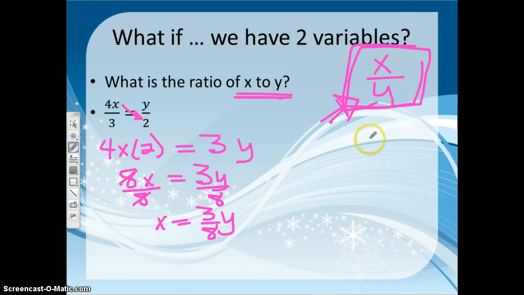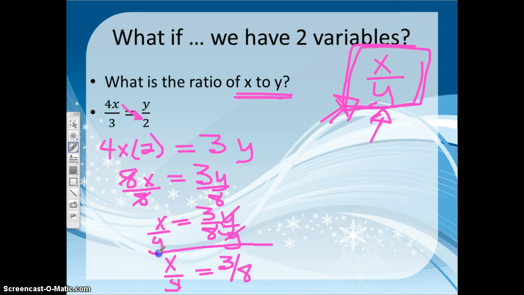What do we want? We want y on the bottom. How can we get that? Divide by y. Y divided by y is 1. So x over y is equal to 3/8. The ratio of x to y is 3 to 8.